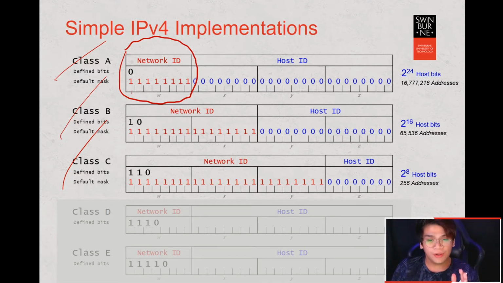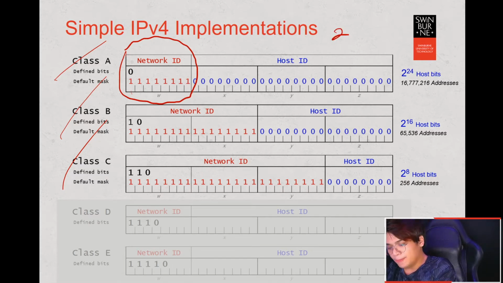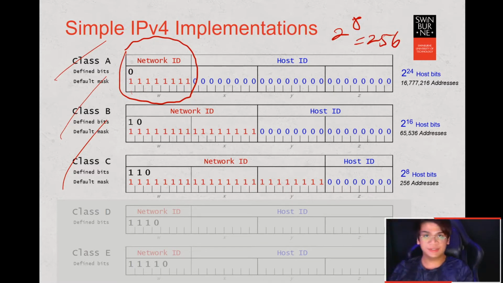In other words, you could purchase one of the 256 networks. Why 256 networks? Because you have 8 network bits, and 2 to the power of 8 equals 256.